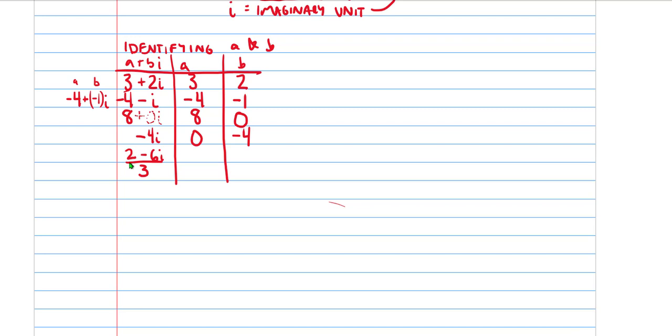If you clean this up a little bit using some typical fraction skills, we can split this single fraction up into 2 separate fractions, 2/3 plus -6/3 i, and now we should be able to see that our a is 2/3 and our b is -2. So that's how we may identify a and b. Actually, the very trickiest of these questions will involve fractions in which you have a complex number in both the numerator and the denominator, and we will take a look at an example like that in a moment.